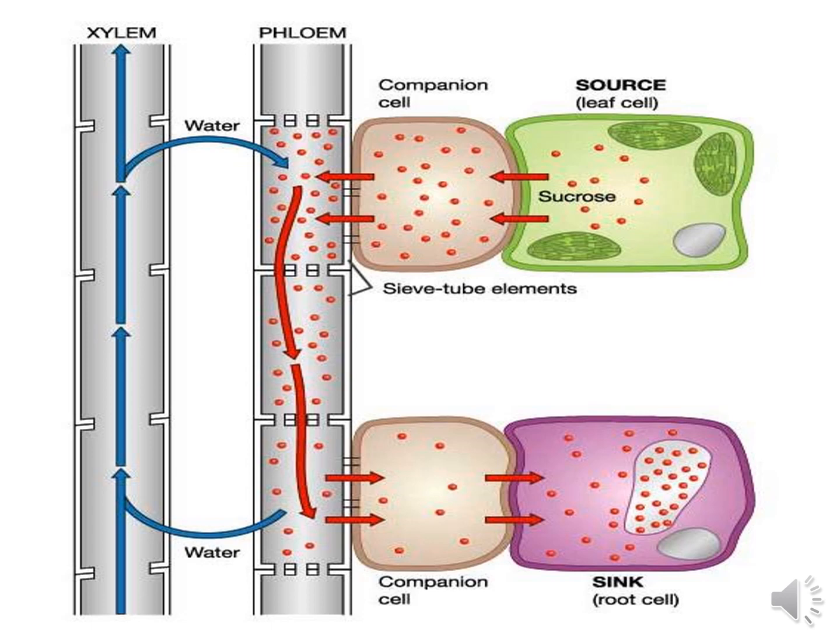Once the sucrose is loaded into the phloem vessel, it creates the situation where the water will move in, following the potential gradient by osmosis.